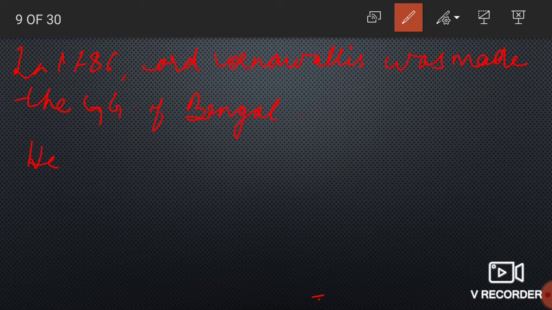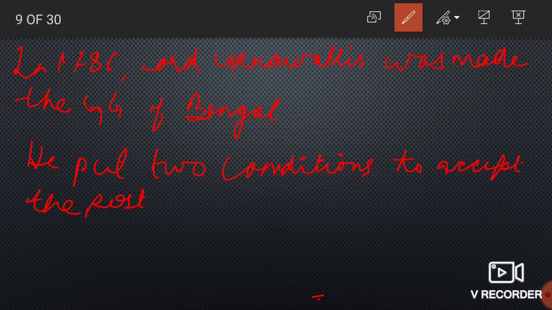He put two conditions to accept the post. What were those conditions?